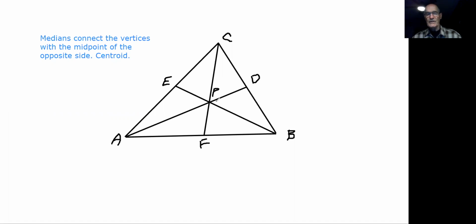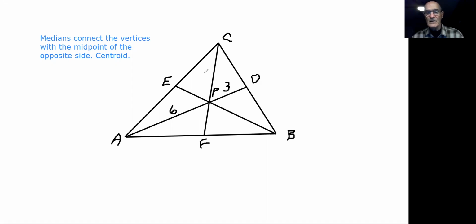Now here's the interesting thing about the medians. When you draw the medians, the long part of each one of these medians, if, for instance, this right here is 6, and it's 6 from A to P, then from P to D is half of that. So this would be 3.